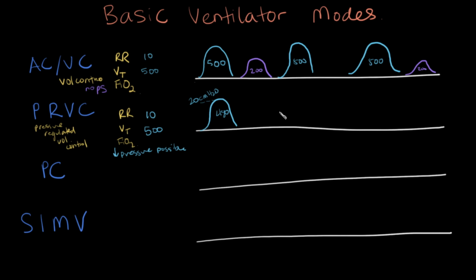Over the next few breaths, that pressure might have to go up or down to try and get back to roughly around the 500 mark. It might be 24, and this might be 22, and it might find that 22 centimeters of water is the lowest pressure to deliver that 500 mils.